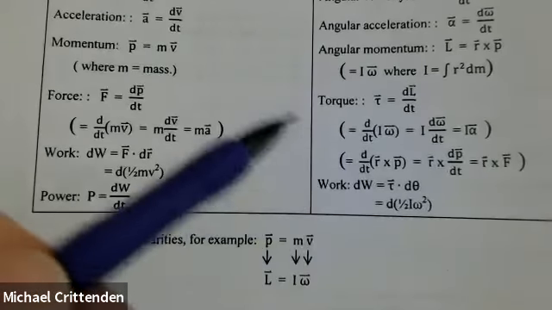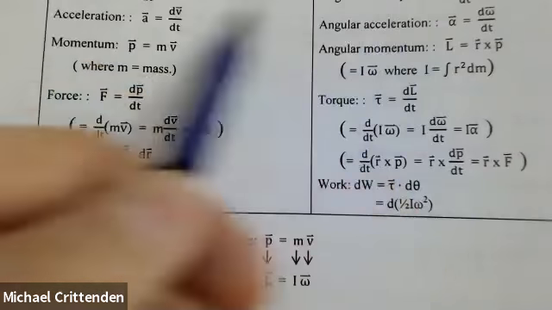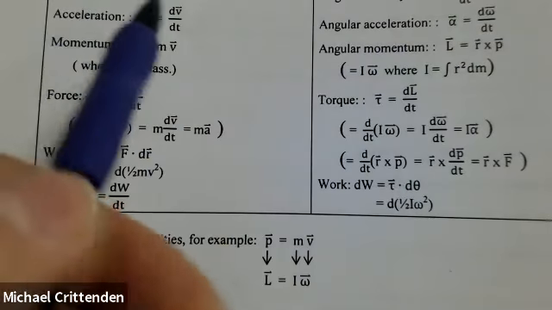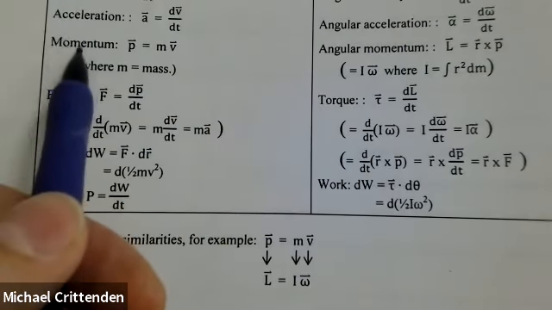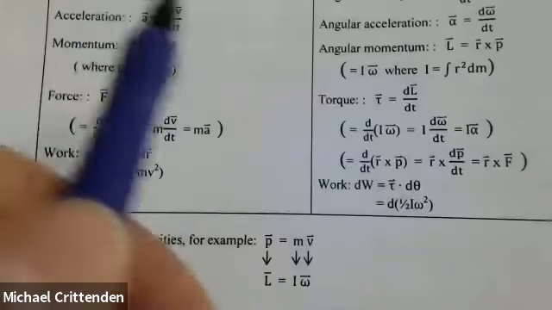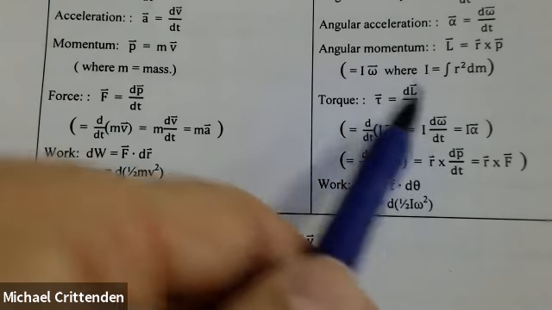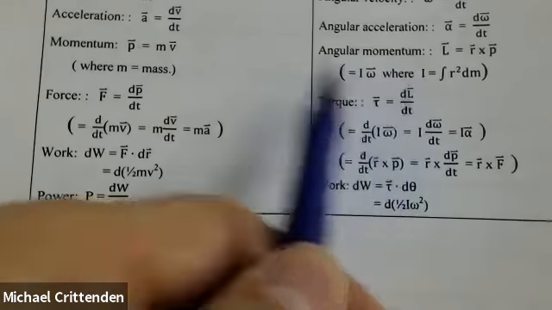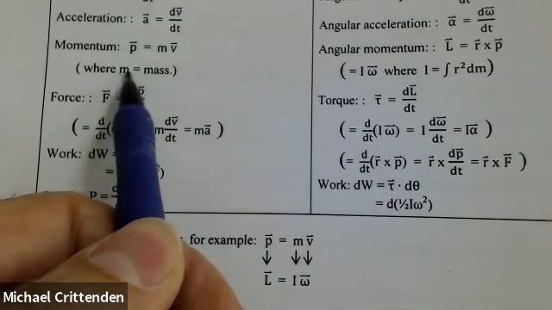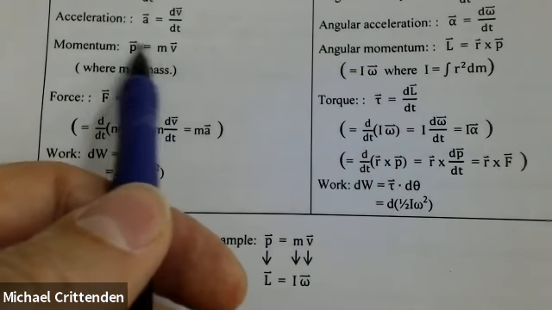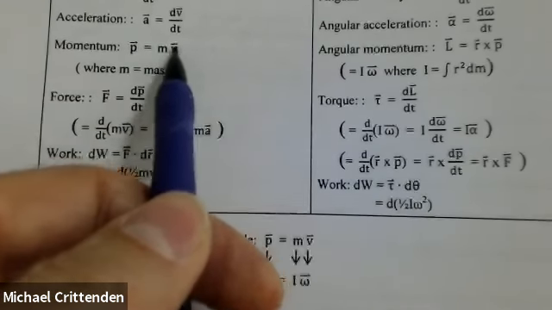Momentum is mass times velocity. Well, if you look at what corresponds to what in my little table here, momentum corresponds to angular momentum. Moment of inertia corresponds to mass, okay? Mass tells you how much momentum you have at a given speed.